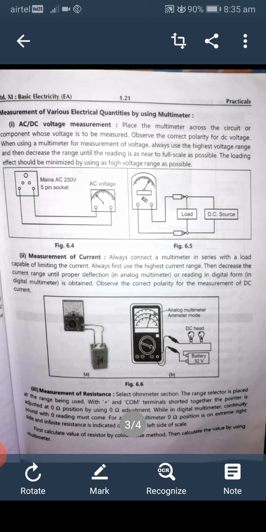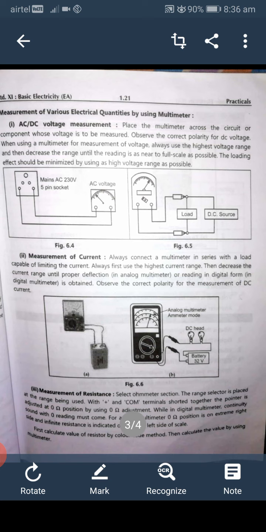Measurement of resistance. Select the ohm meter section. The range selector is placed at the range being used with plus and common terminals shorted together. The pointer is adjusted at 0 ohm position by using the 0 ohm adjustment.